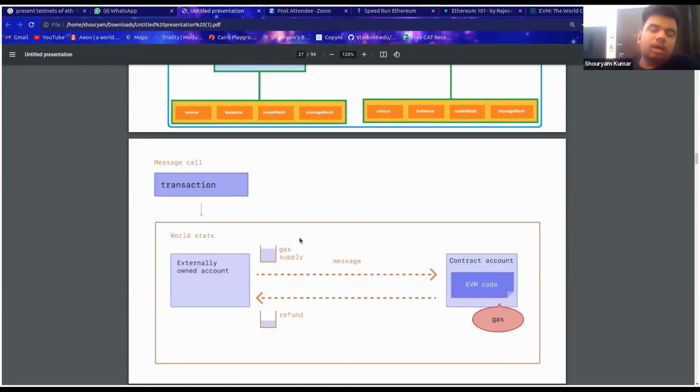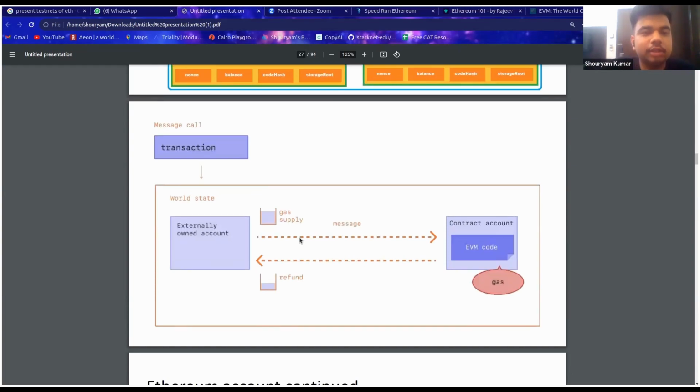So how a transaction works in Ethereum is you initiate a transaction. That transaction is passed to the mempool, where validators or miners can pick them so that they can be included in the next block of the blockchain. These transactions are deployed by externally owned accounts. To deploy any transaction in Ethereum, you need to have some gas. Now, what is gas? Any update of state or any write operation in blockchain is essentially a transaction.